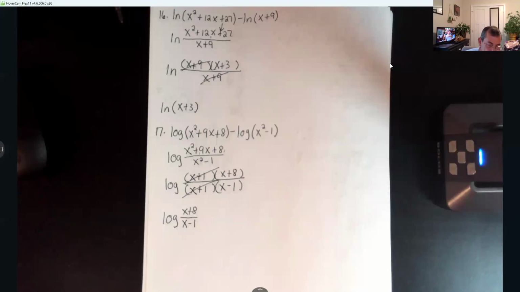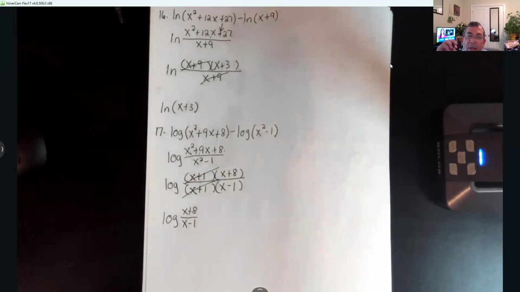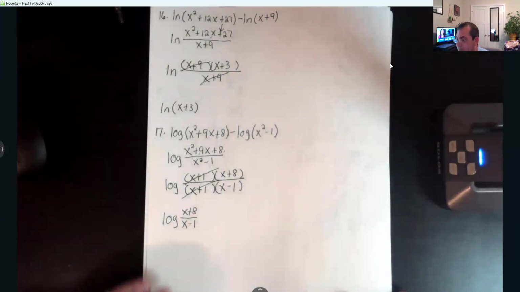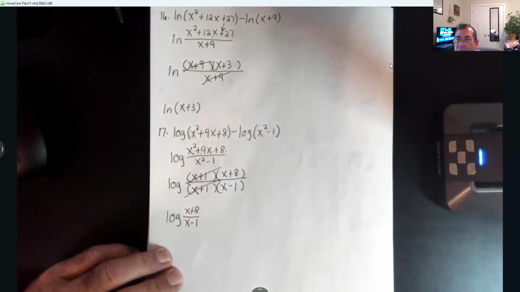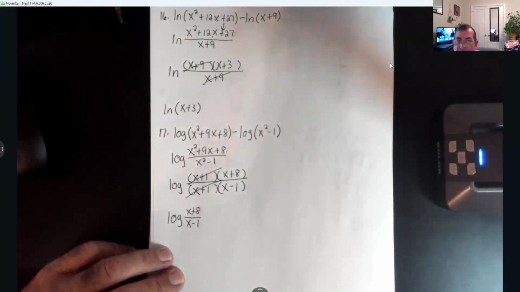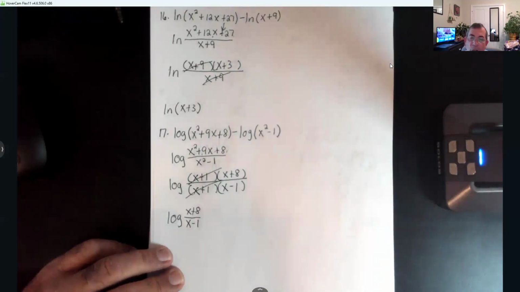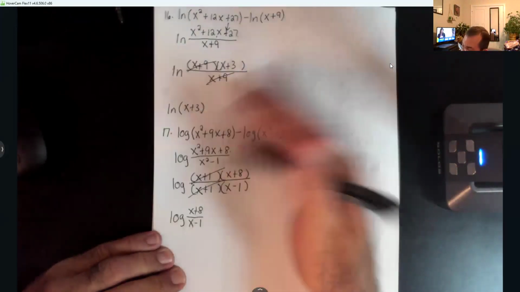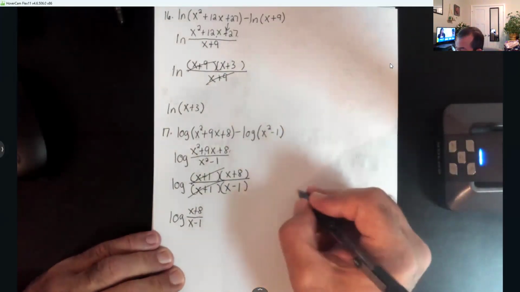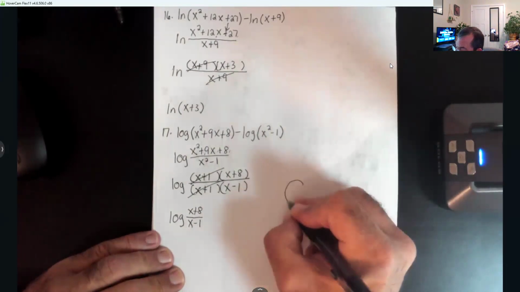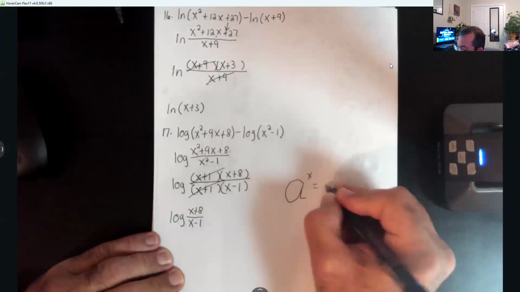All righty, y'all. So that is a look at our properties of logarithms. Now, we'll say this, tomorrow is Friday. We're going to be solving equations. So we're going to solve equations that are exponential. And remember, that was the stuff like this.